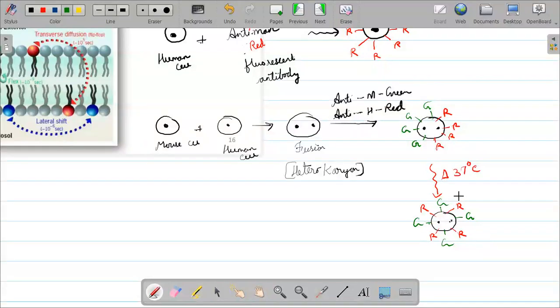The content of green and red fluorescence was equally mixed but in an alternate proportion.